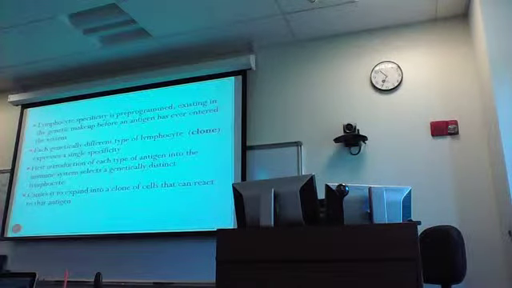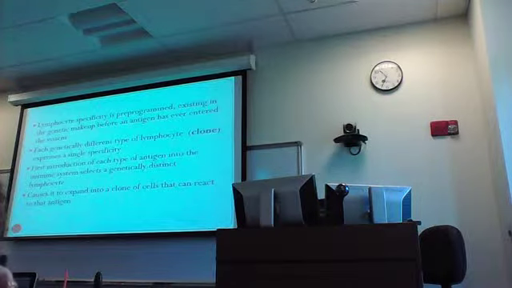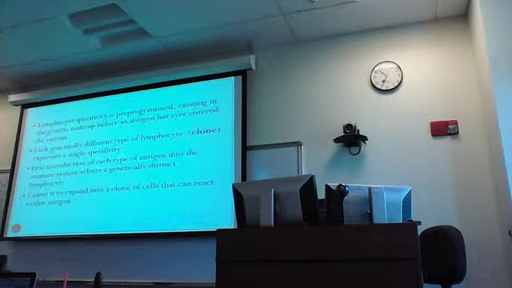Third bullet point, different way of saying what we've already said. The first introduction of each type of antigen into the immune system selects a genetically distinct lymphocyte. It sounds very complicated, okay? But it's not so complicated. It just means the first introduction of an invader our body has never seen before is going to select out a lymphocyte that has that specific receptor on its surface and none other.